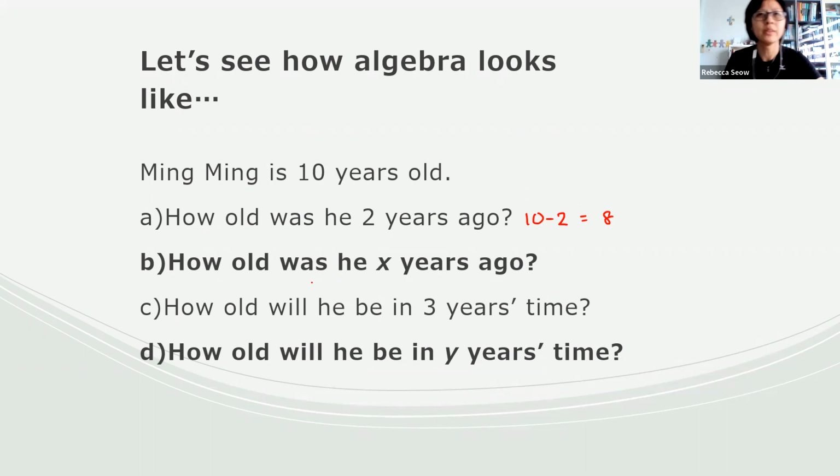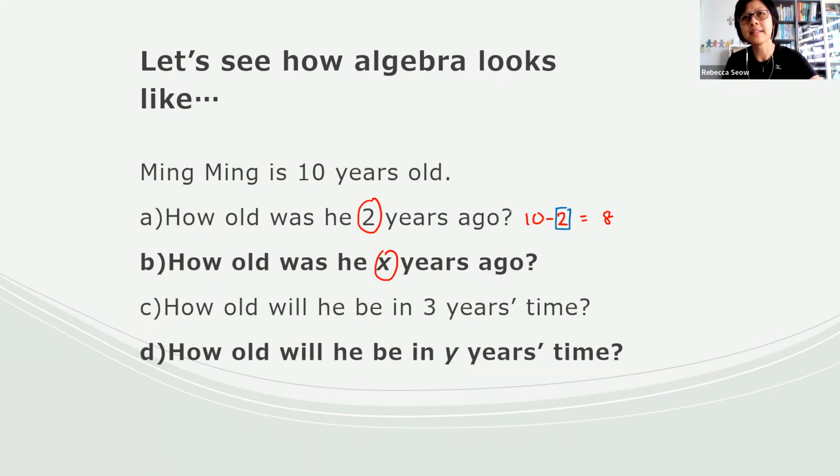Now, how old then would he be X years ago? So instead of the number 2 years ago, now I'm asking, how old would he be X years ago? So instead of 10 minus 2, what do I need to replace the 2 by?